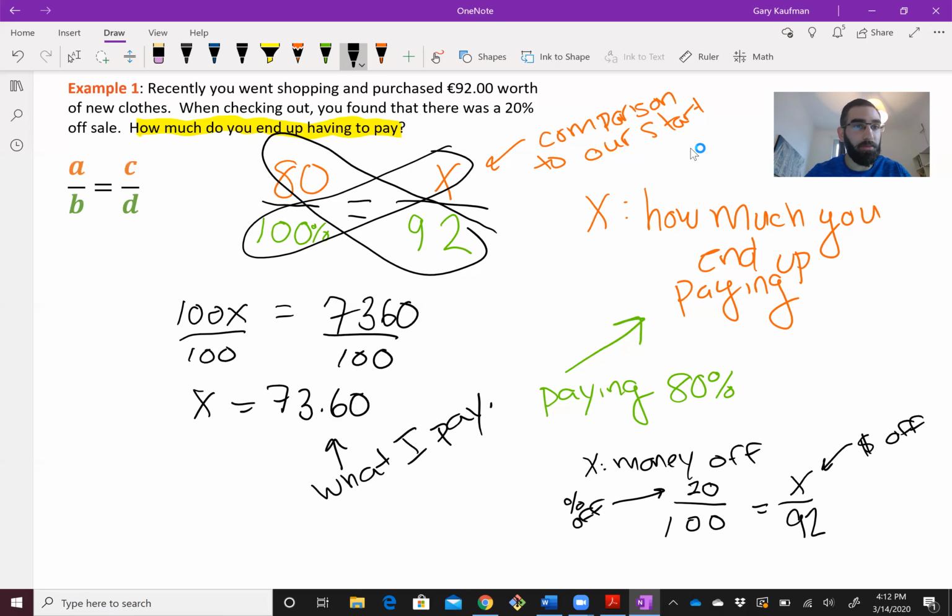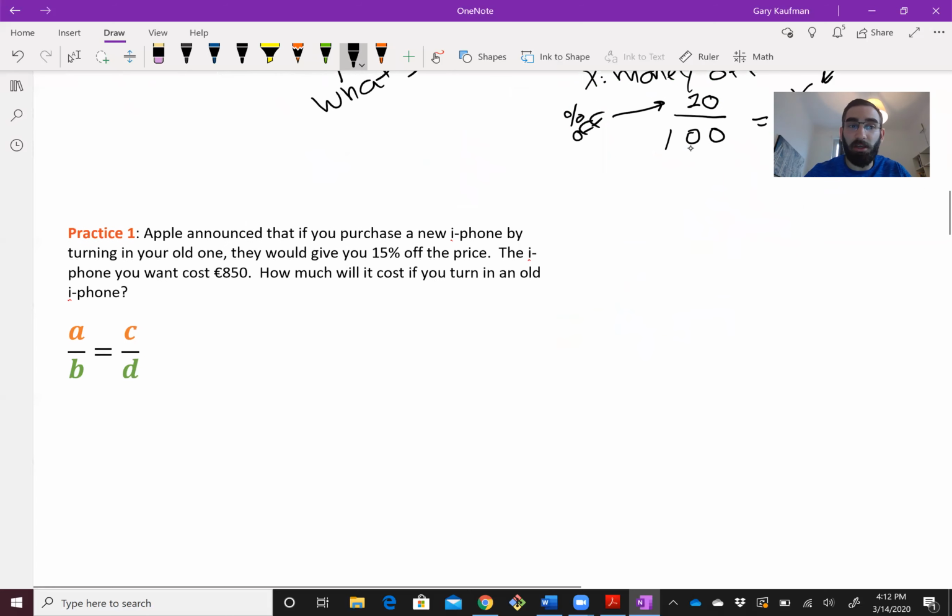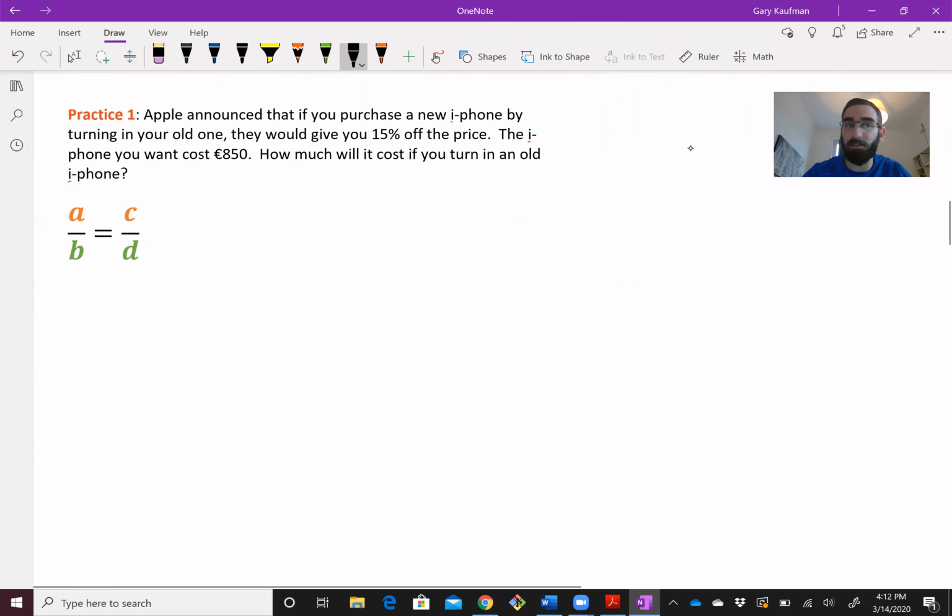Okay, let's go to a practice problem. So this is going to be solving for C. It's a similar question. How do you think you'd start? Again, because I know I'm solving for C, I could think about how much it will cost if you turn in an old iPhone.